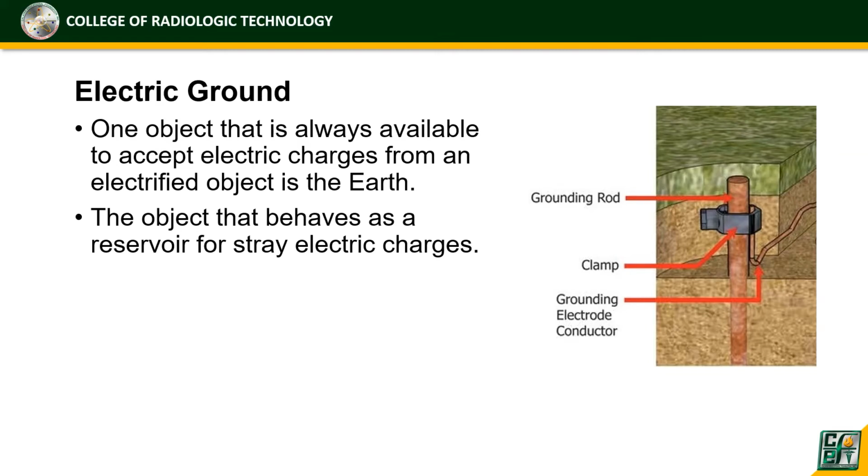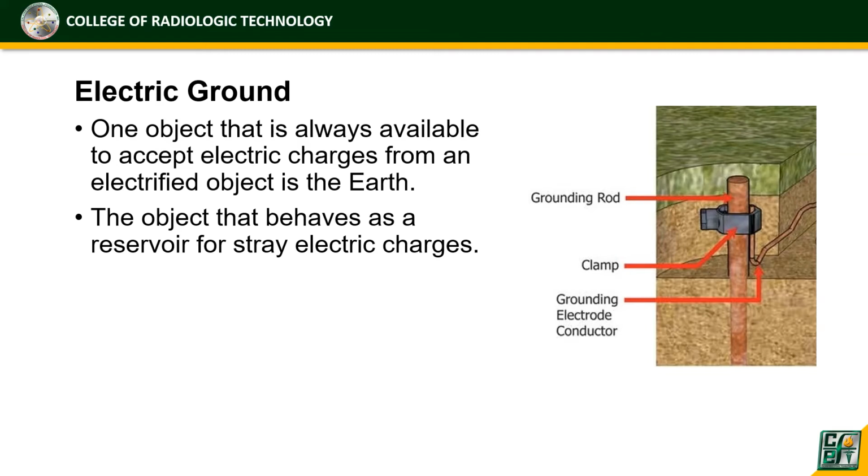Okay. So itong electric ground, ito ay isang system na ginagawa sa mga electrical system para pag mayroong burst o surge ng electricity, yung sobrang electricity niya ay instead na sumabog, ay mapupunta sa lupa.